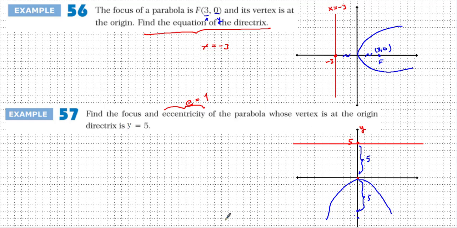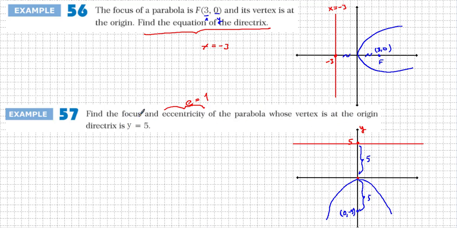Sorry, I made a mistake here. This is the 5 unit distance, but the coordinate of the point is (0, minus 5), because it is downward on the y-axis. The x value is always 0, and since it is on the negative part of the y-axis, it should be minus 5.